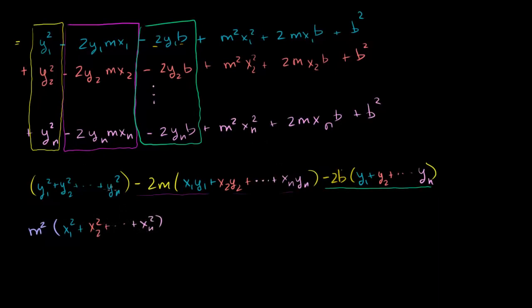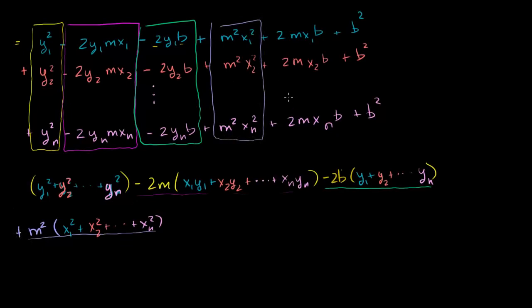Let me color code these. This was a yn squared, and this over here was a y2 squared. So this is exactly this. So in this last step we just did, this thing over here is this thing right over here. And of course we have to add it, so I'll put a plus out front.